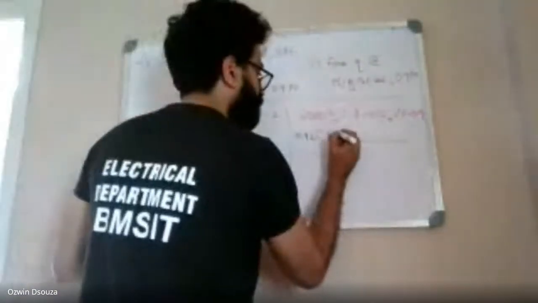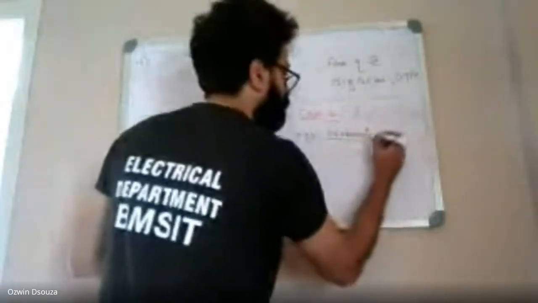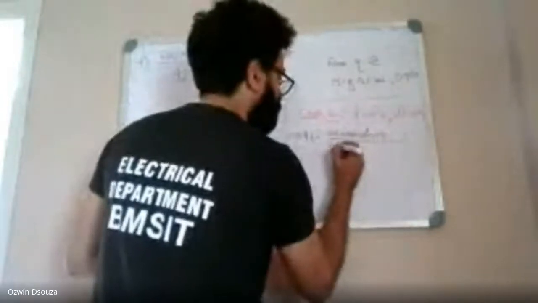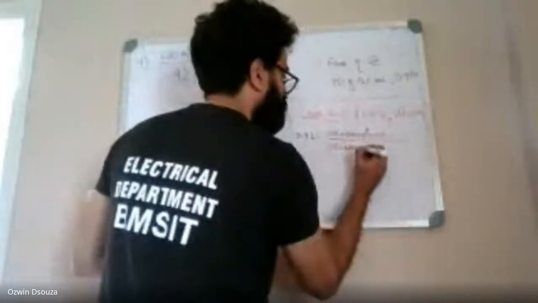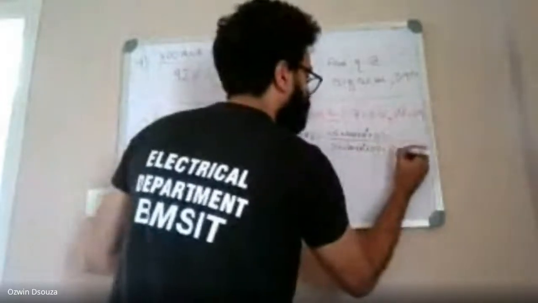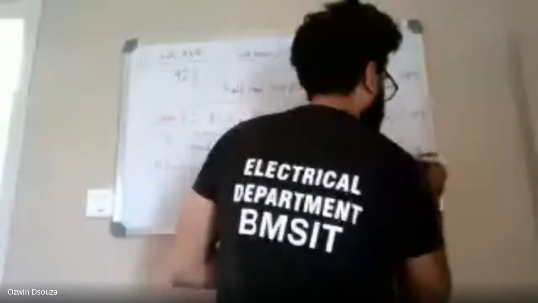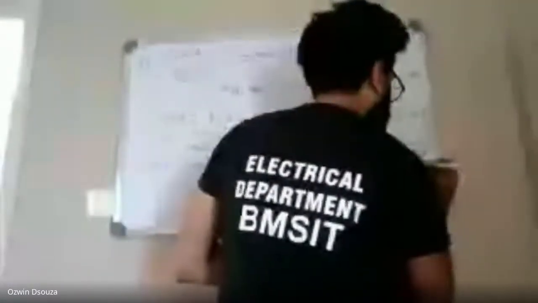So x is 0.5 into VA rating 600 kVA into cos phi 0.9, divided by 0.5 into 600 into 10 to the power 3 into 0.9 plus iron loss plus x square times copper loss. So 0.5 squared is 0.25, so it is 0.25 into P_CU full load.